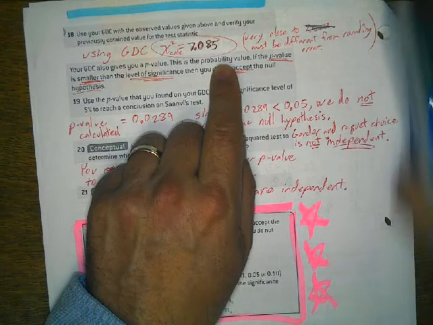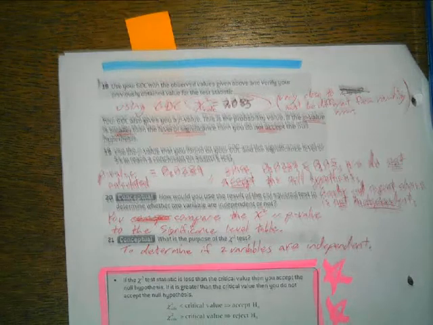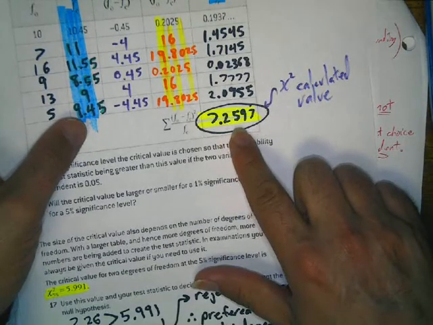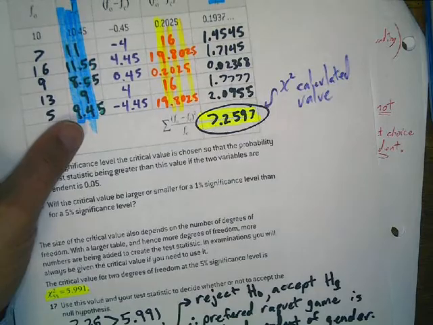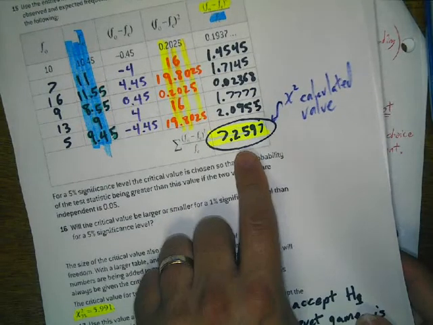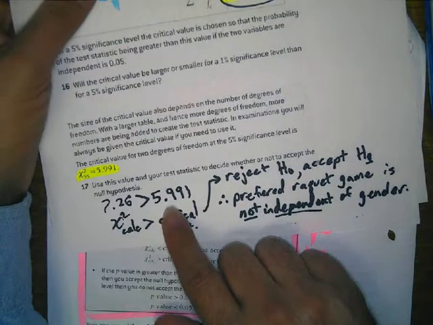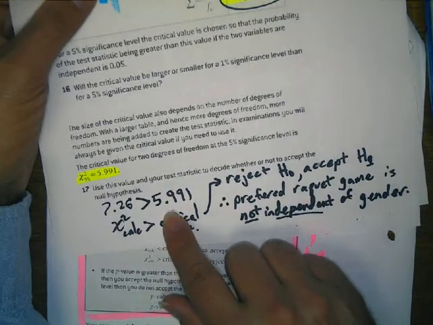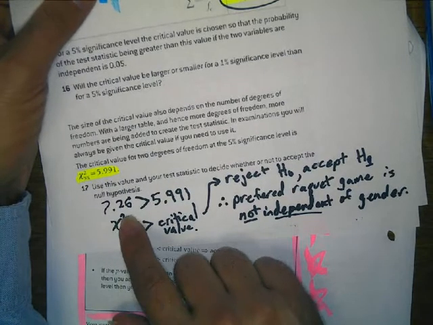Now, when we did this on the previous page, we got 7.259. Okay, well, it's not exactly the same, is it? But this little bit of difference didn't really matter when I was looking at the critical table, did it? This was clearly larger than the value from the critical table.